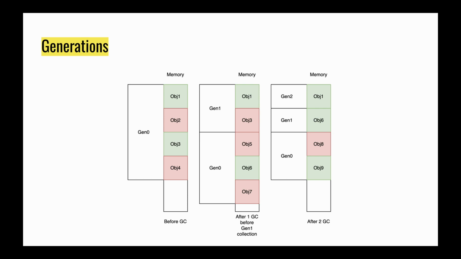Generation 1. This generation contains short-lived objects and serves as a buffer between short-lived objects and long-lived objects. After the garbage collector performs a generation 0 collection, it compacts the available objects and moves them to generation 1. Since objects that survive collection tend to have longer lifetimes, it makes sense to promote them to a higher generation.